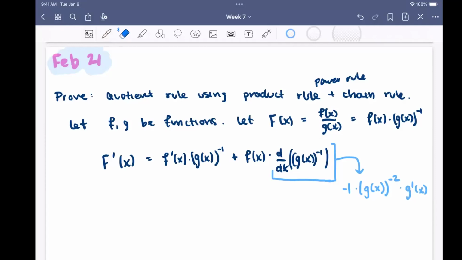Okay, so I'm just going to simplify what we have here. Actually, what we're going to do is factor out g of x to the -2.